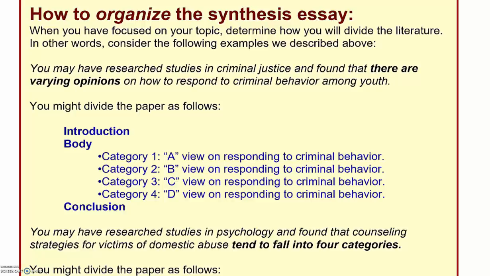Then your conclusion. So imagine that each of those sections in the body is a unique way of responding to criminal behavior among youths. And within each section, there will be multiple paragraphs that are all integrating different sources that talk about that specific view that you uncovered from your research.